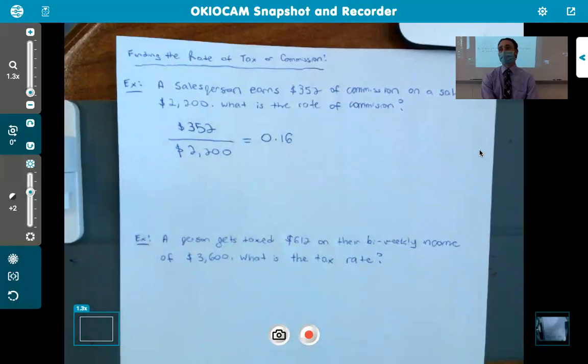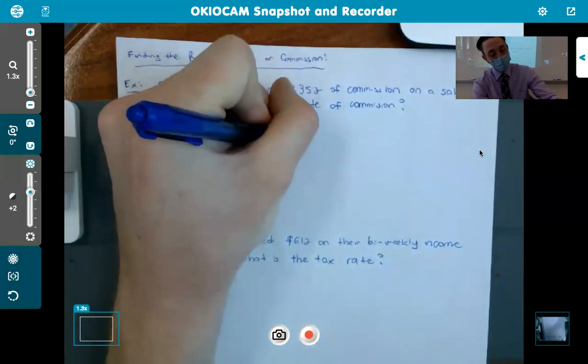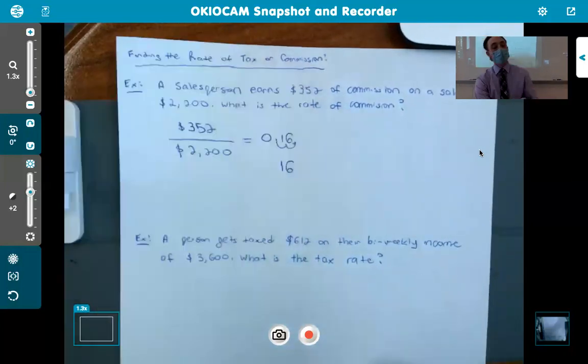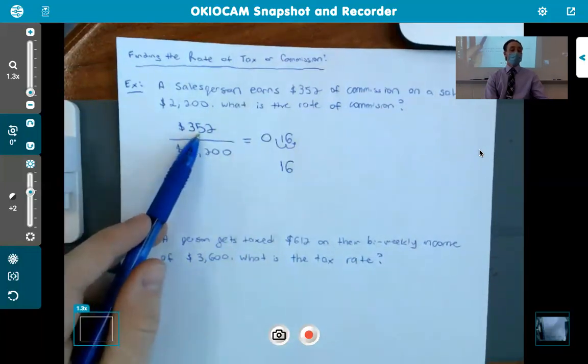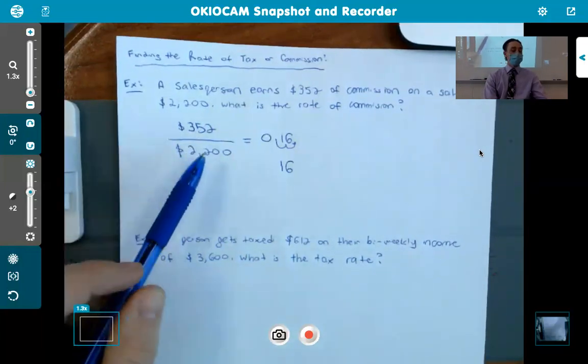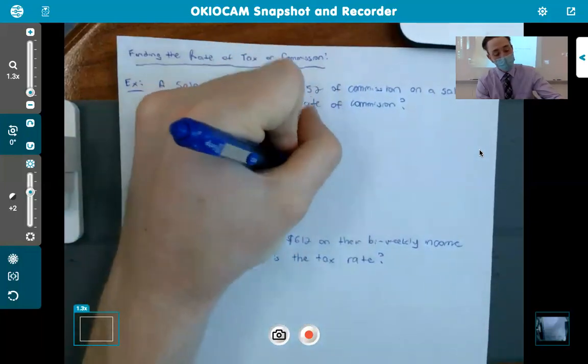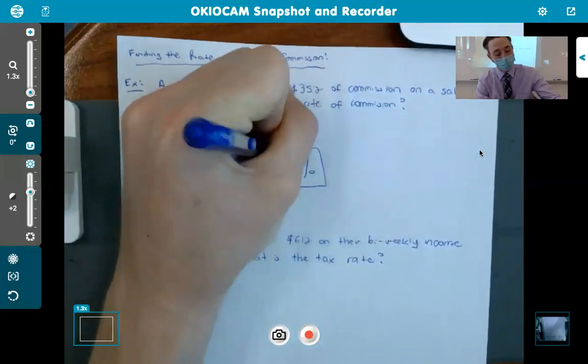So what's the other option? Right, to the right. You have a decimal, you convert it to a percentage, you move it to the right. So now I have 16 as that whole number. So the 352 that he or she earned out of the 2,200 is 16% commission.